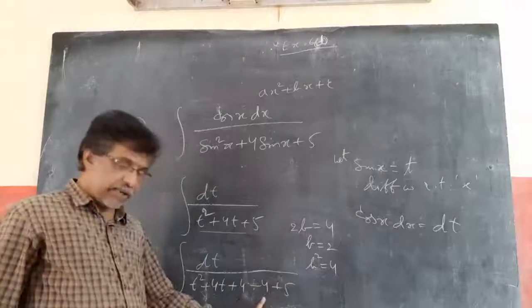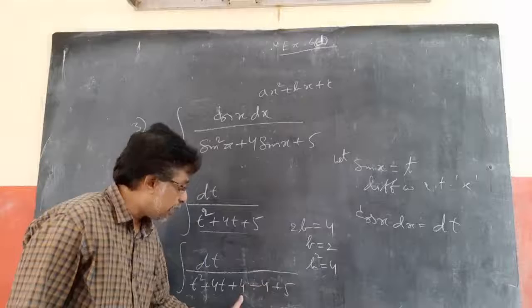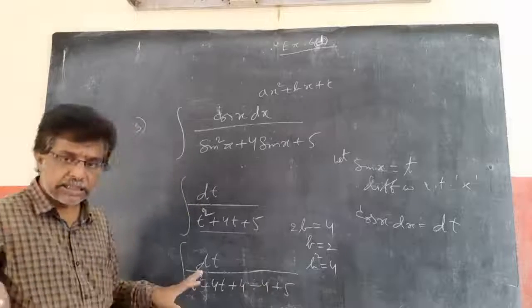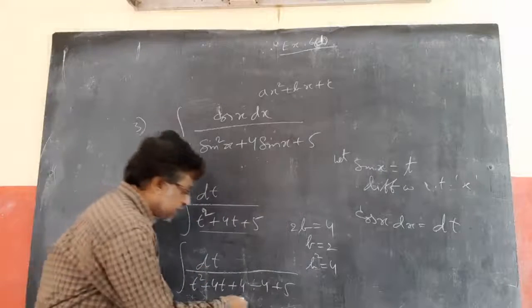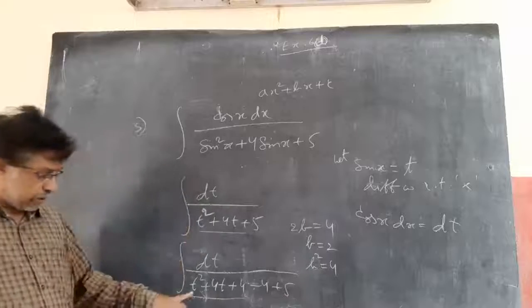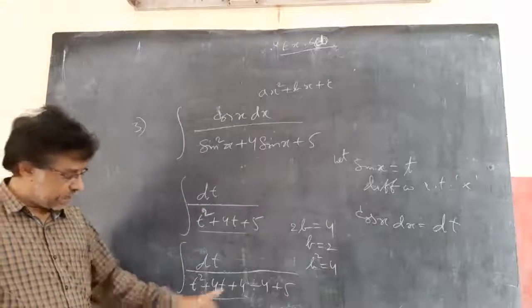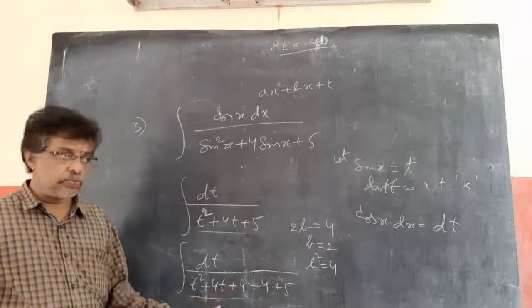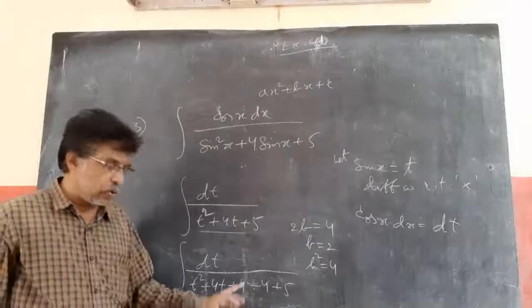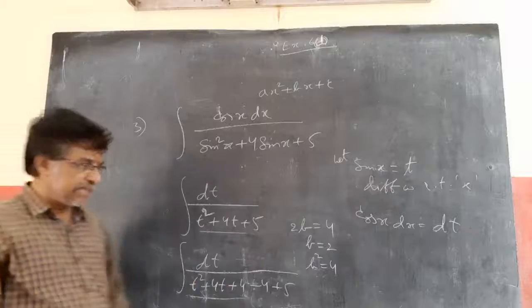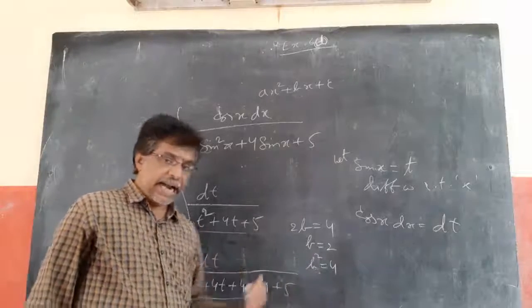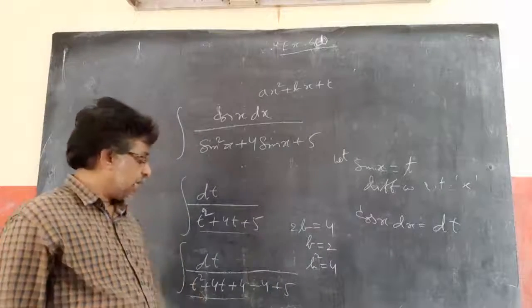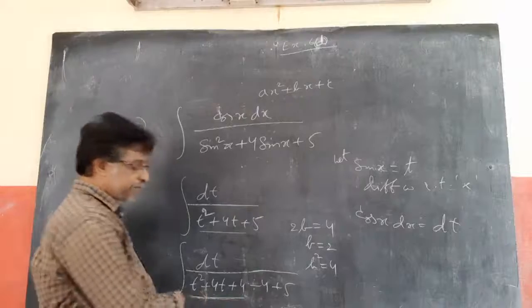I am adding b square and subtracting b square, so that plus 4 minus 4 doesn't change the given value. So this is a plus b whole square: a square, t square, plus b square, 2 square, 2ab, 2 into t into 2, 4t. So this is a plus b whole square always. So for completing square, take b, add b square, subtract b square, and automatically this is a plus b whole square.